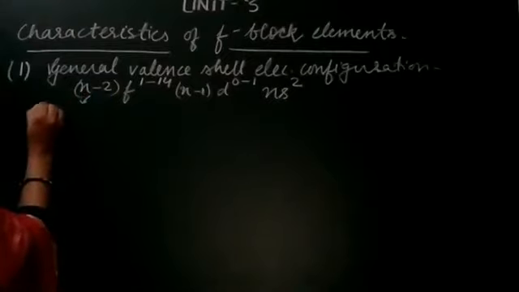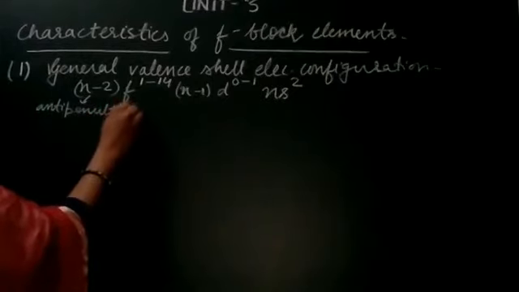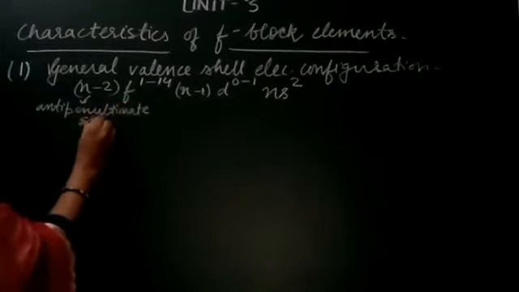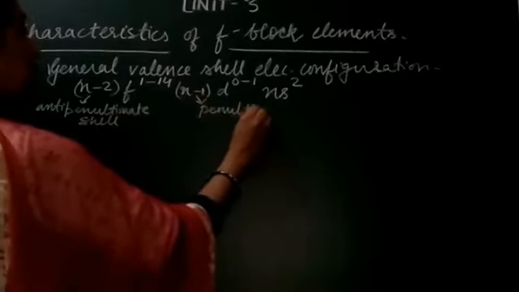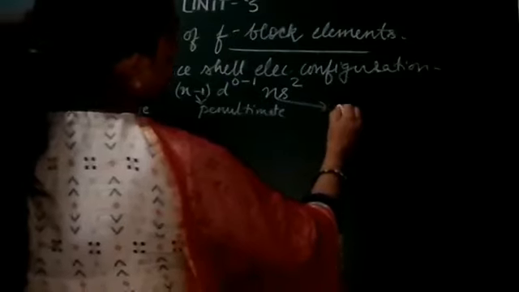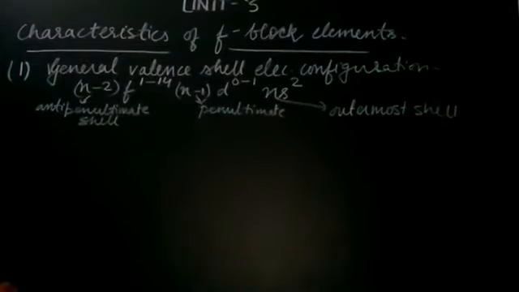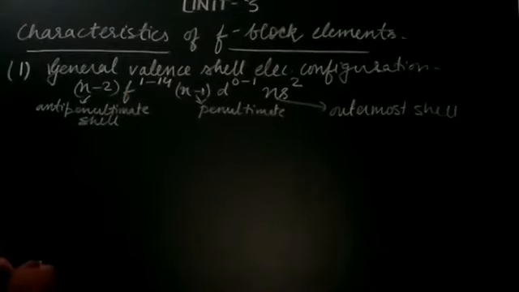So n is the ultimate shell, that is the outermost shell. Here there will be gradual filling of the f subshell from 1 to 14. That's why this group of elements is known as F block elements.